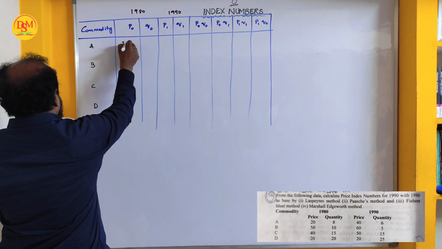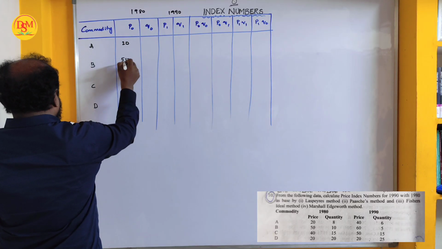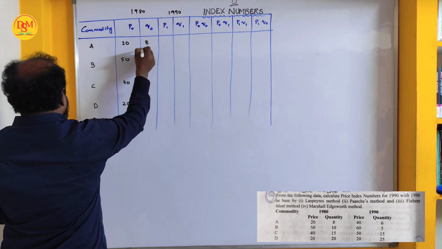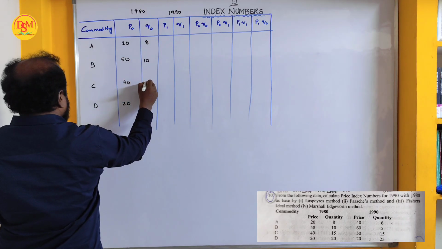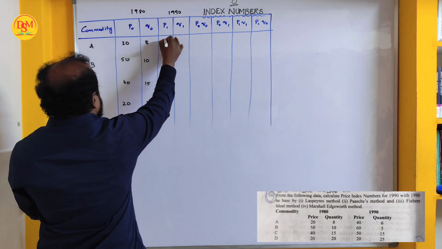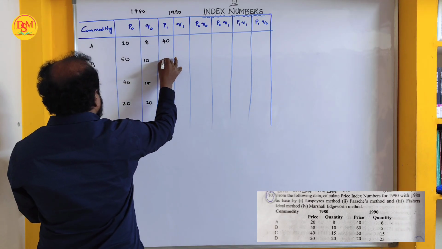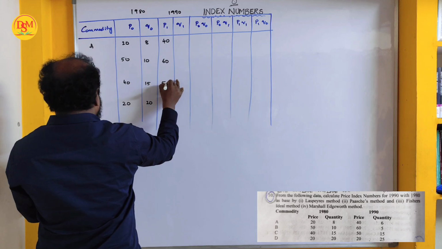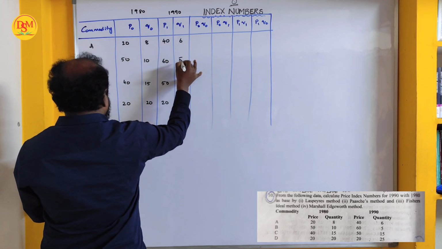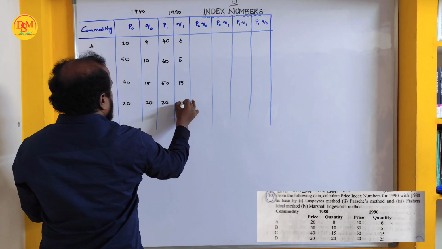Price 20, 50, 40, 20. Quantity 8, 10, 15, 20. And the price 40, 60, 50, 20, and quantity 6, 5, 15 and 25.